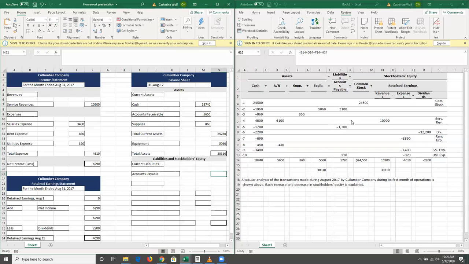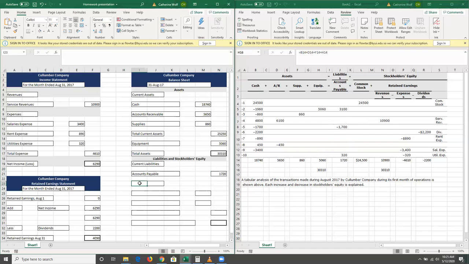So we look over here, we can do the math on that. So that's going to be 1720. Not 17,520, it's just 1720.